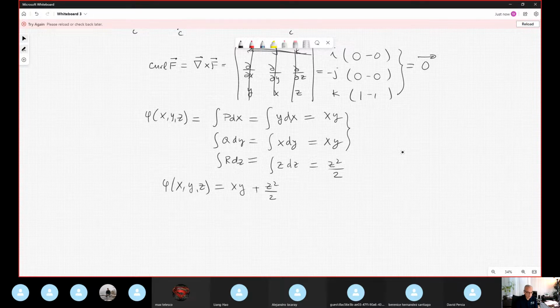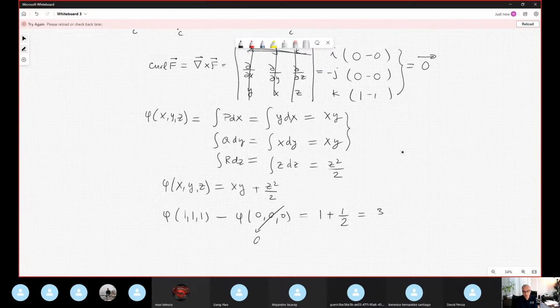Now my goal is to evaluate the potential function at (1, 1, 1) minus at (0, 0, 0). At (0, 0, 0) it is 0, because normally this is like a polynomial. And at (1, 1, 1) it is 1 times 1 plus 1 squared over 2, which is 3/2.